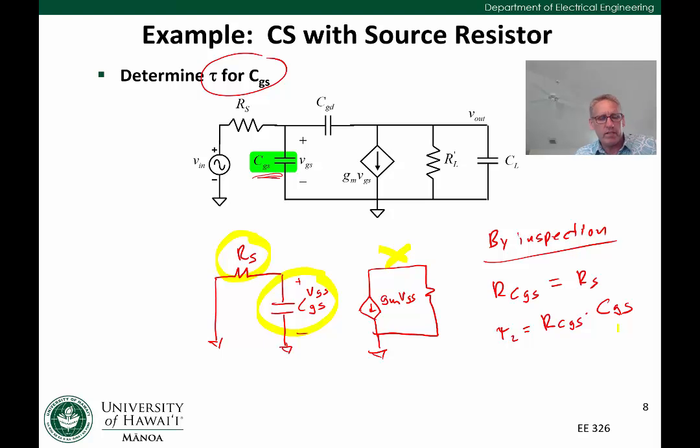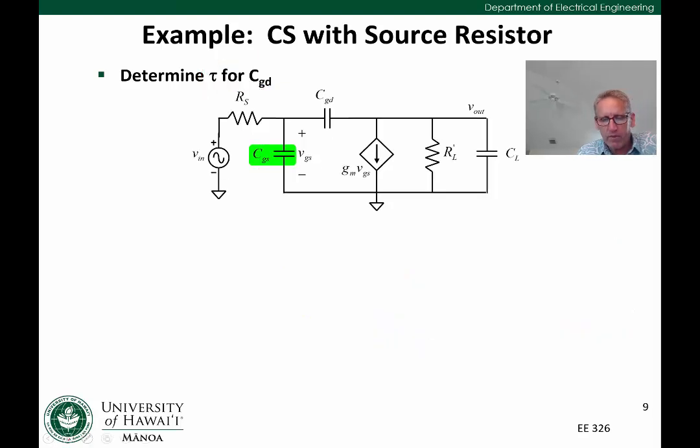Okay, so now let's move on to the last capacitor, CGD. So we're looking at CGD, and the question is, what's the time constant associated with CGD? Again, let's redraw this circuit. We're going to short our input.